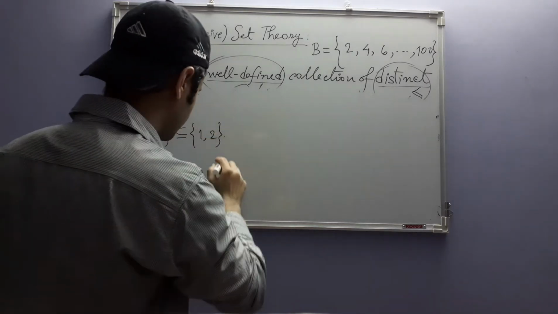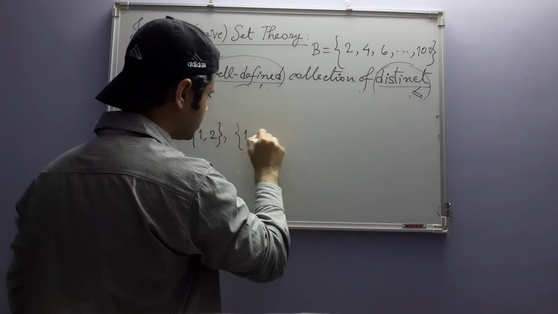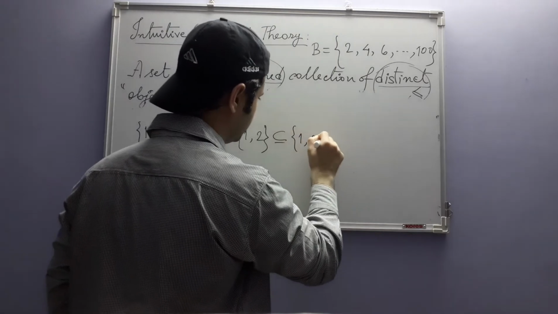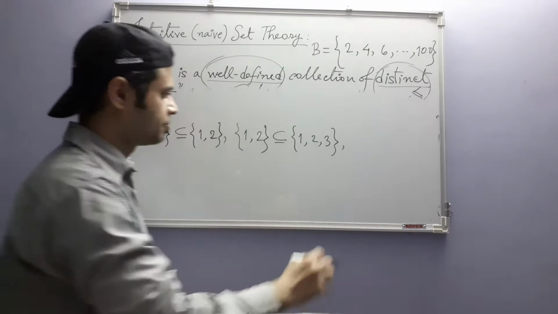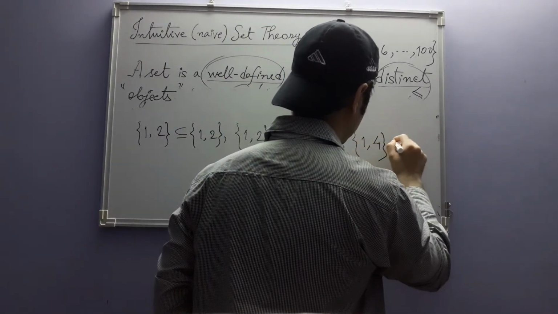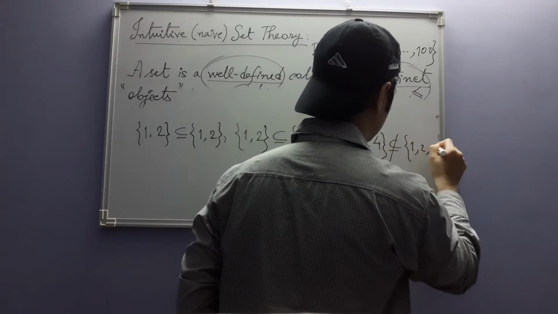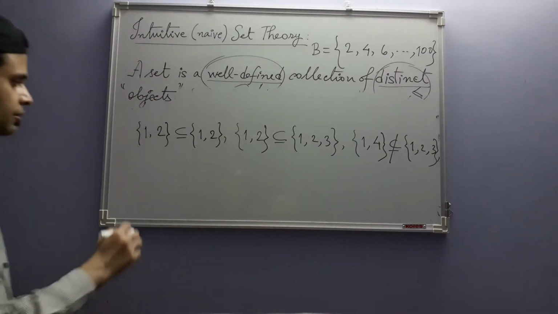Okay, so this is one thing. {1, 2} at the same time is also a subset of {1, 2, 3}. {1, 4} is not a subset of {1, 2, 3}. Okay.